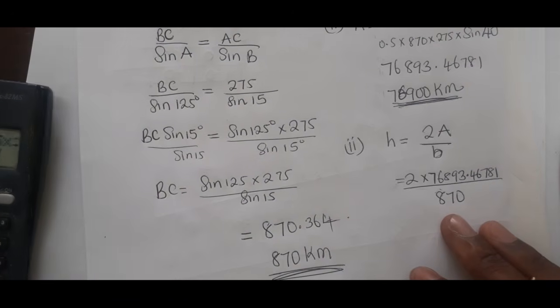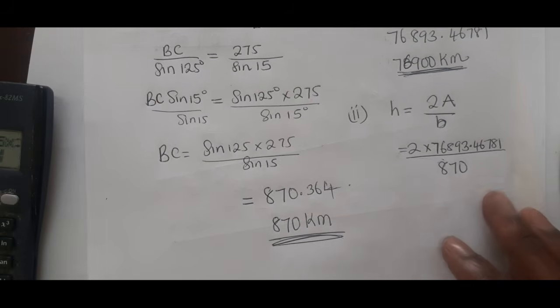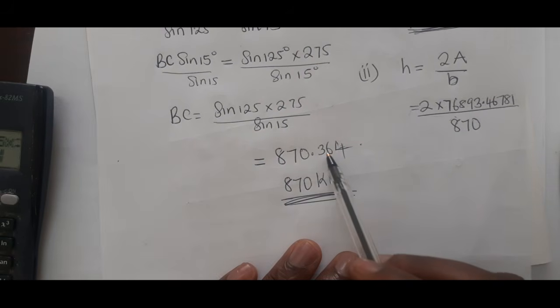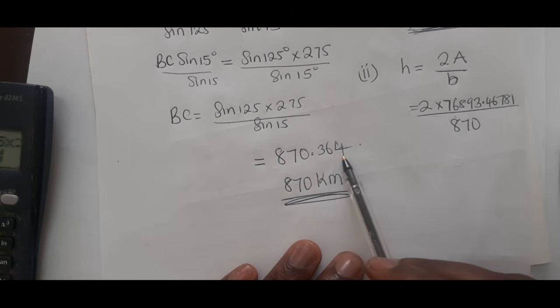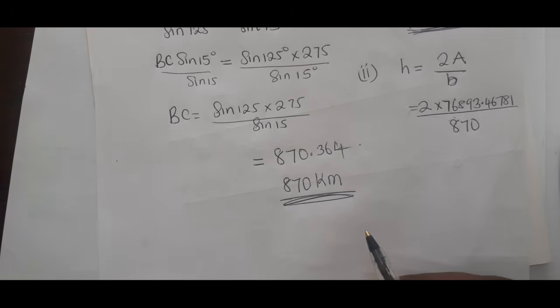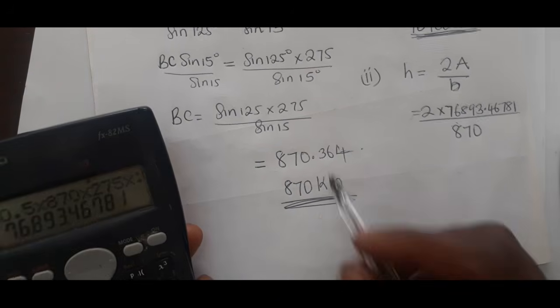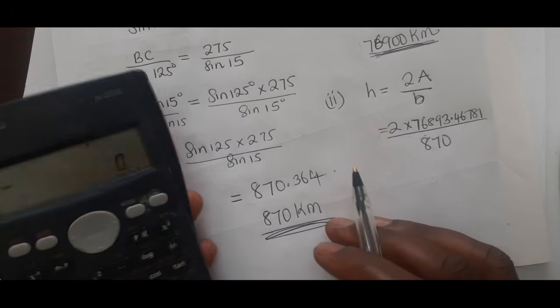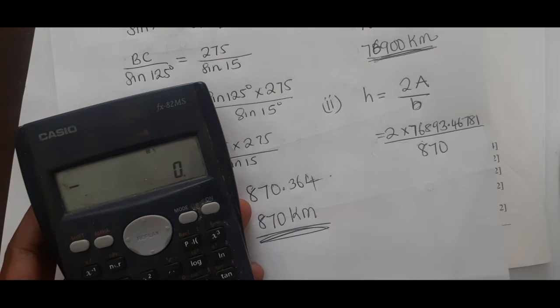Now, if you also realize that this one is rounded off here, so we can also use something that is not rounded off. Because we've rounded it off twice, let's get back the full one so that we can use it as it is.